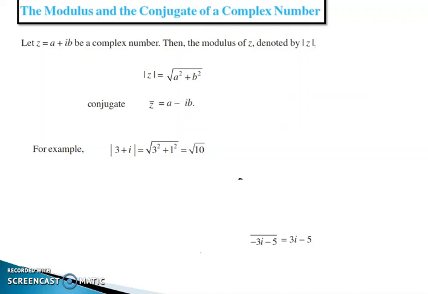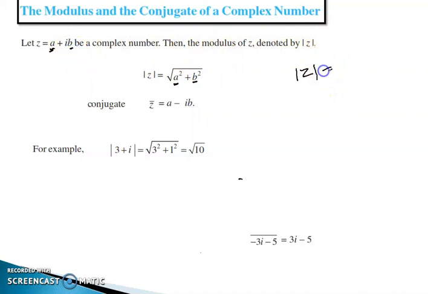What is the mod value of a complex number? The modulus of a complex number z is denoted by z modulus, like this, two vertical parallel lines, and is equal to square root of a square plus b square. A square means the real part of the complex number, and b square means the imaginary part.